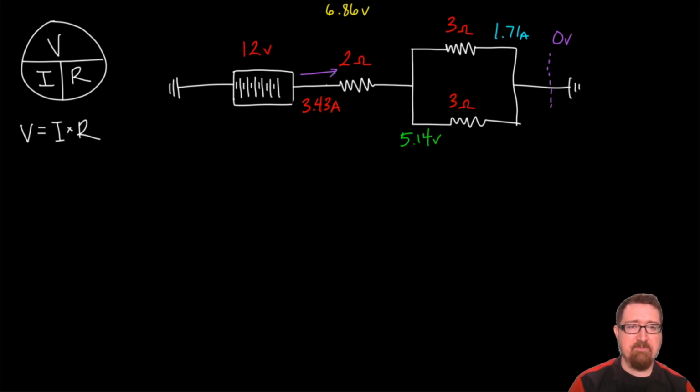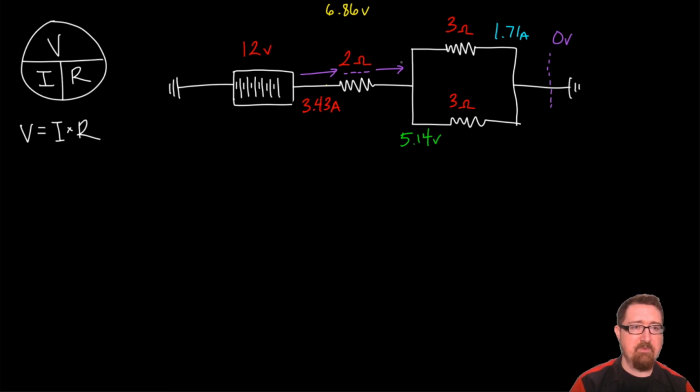As I approach this resistor, I have 12 volts. I'm flowing at 3.43 amps, and I encounter a resistance of 2 ohms. As soon as I go through this resistor, and I'm on the other side of this resistor, I've dropped 6.86 volts. So I now currently have a voltage of 5.14 volts.